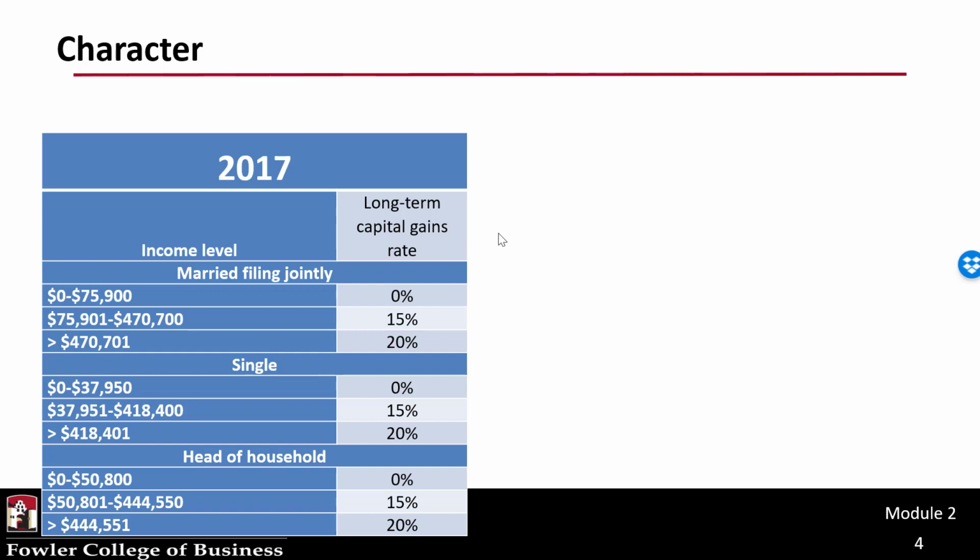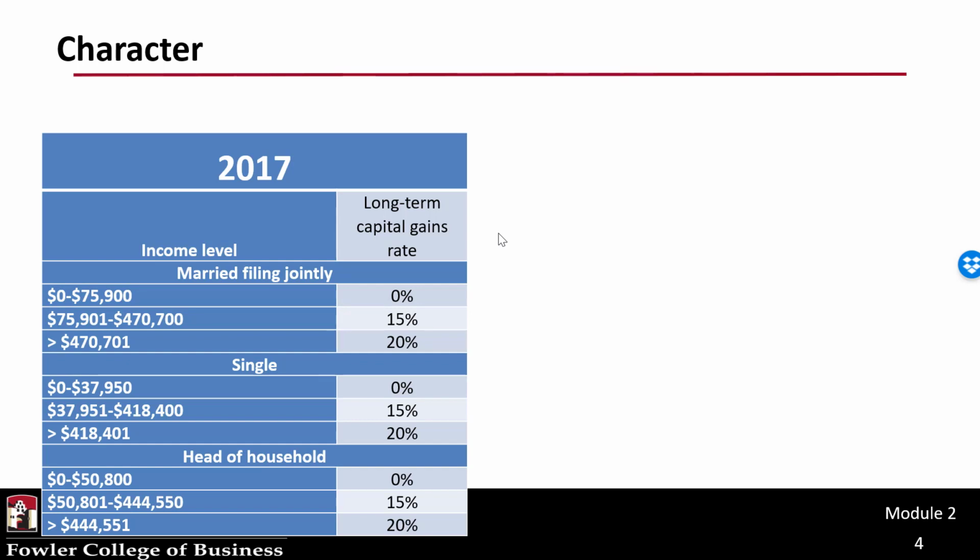If you look at the way these brackets break, you'll see, for example, married filing jointly, 0 to $75,900. If you look in your table pack for 2017 married filing jointly ordinary rates, you'll see that to the extent your income is in a bracket below 25%, you actually pay a 0% rate on qualified dividends and long-term capital gains.